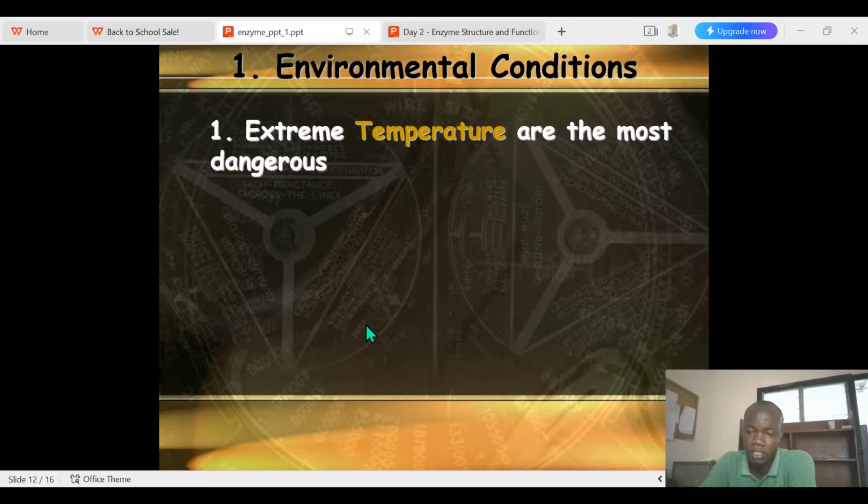Ladies and gentlemen, we should understand that temperature plays a crucial role in maintaining the activity of an enzyme. That is why it is dangerous if the temperature is above the normal body temperature. Remember, below 37 degrees centigrade the enzymes are inactive, and above that the enzymes will become completely denatured. They will lose their 3D structure and have no function. So the temperature must be within 37 degrees centigrade.